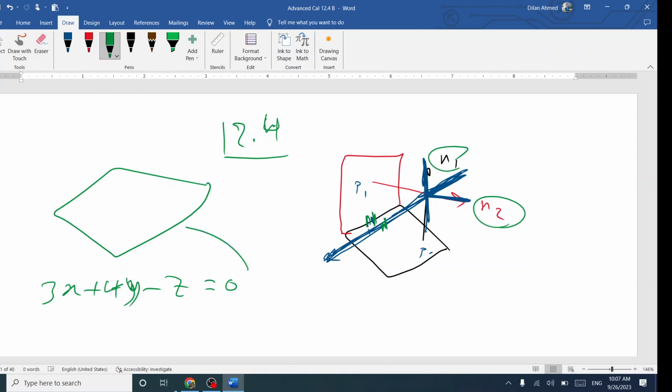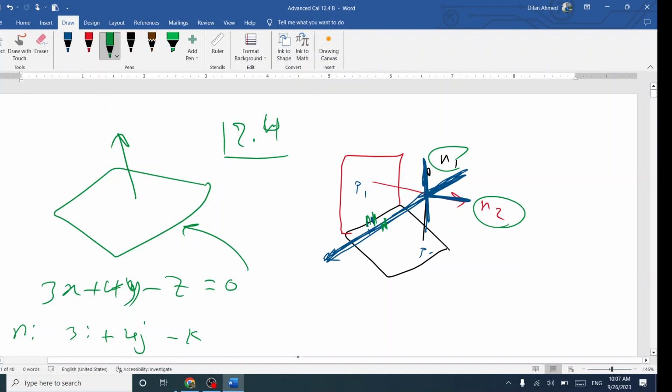This is the equation of this plane. So give me the normal. The normal is 3i, 4j, 1k. This is my vector. So I got it from where? I got it from the coefficients of the plane equation.